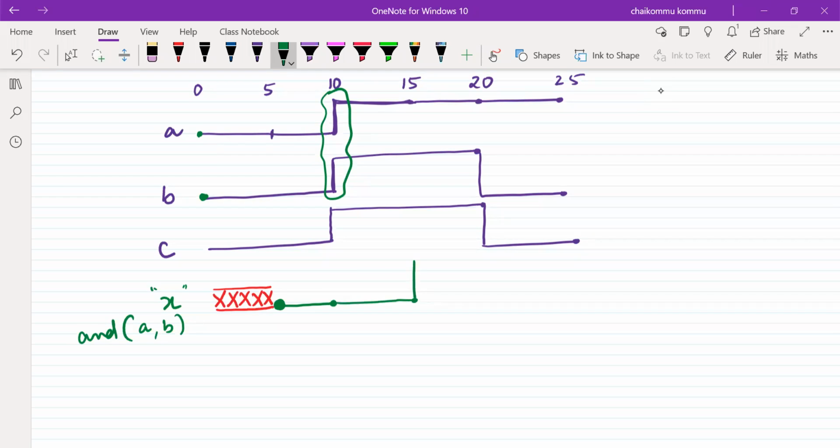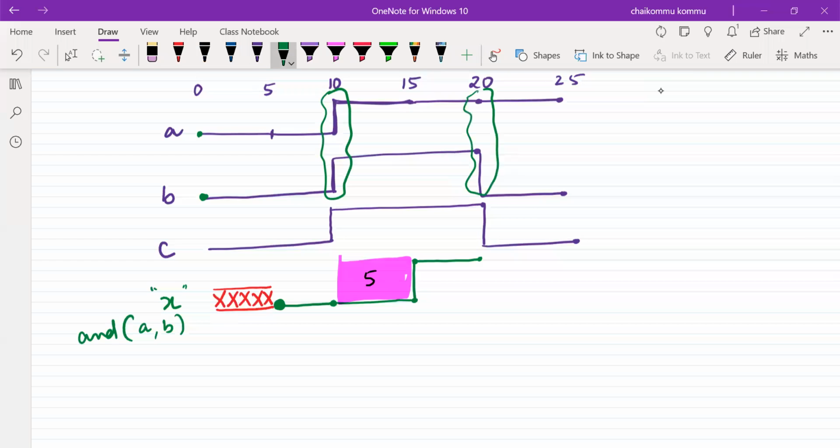So at 15, it will go to high. Up to this point it waited 5 timing units, then it will go to 1. This is valid up to the next change to occur. Up to this point there is no change, that's the reason we observe the same output there.